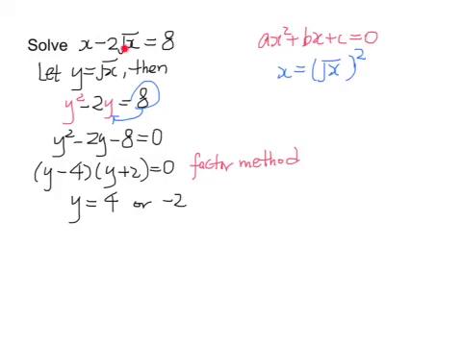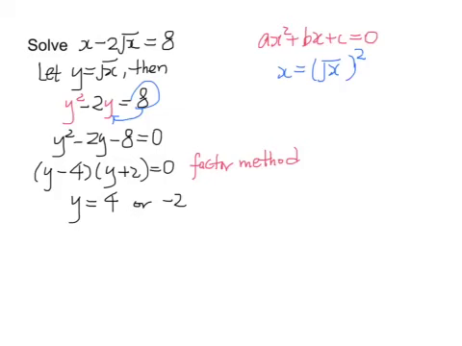Remember, this is our original question. It's asking you to find x. Solve for this. Originally there was no y, so we have to find x, but we know that y equals the square root of x.